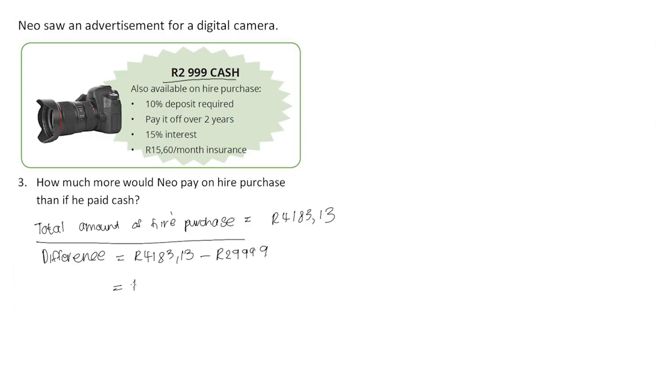And we get a value of 1,184 Rand 13 cents. Therefore, Neo would pay 1,184 Rand 13 cents more on hire purchase than if he paid with cash.